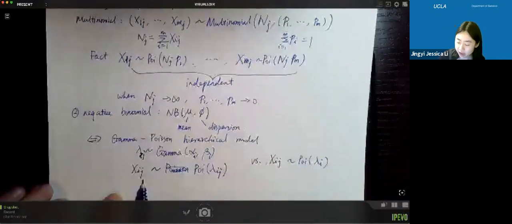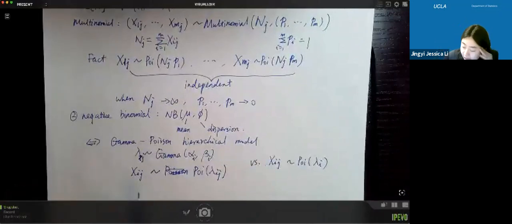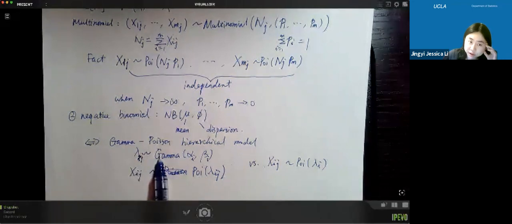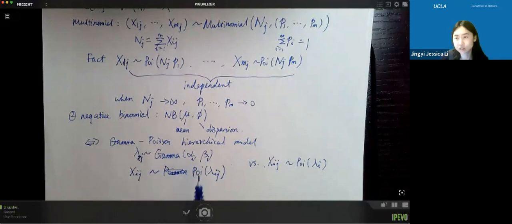But in this hierarchical model, the Poisson mean may differ from sample to sample, so I call it lambda ij instead of lambda i. And this lambda ij itself comes from a gamma that depends only on gene i. So every gene has its own gamma.